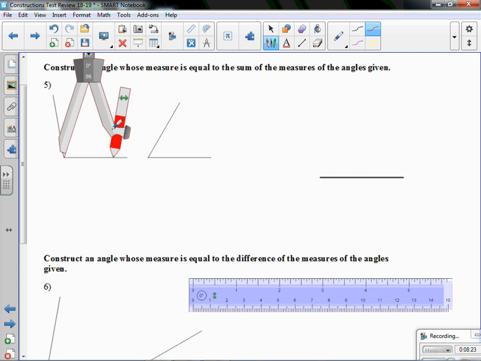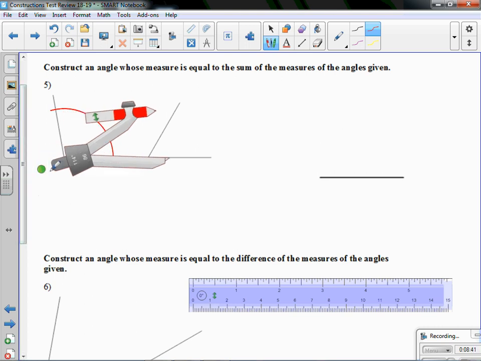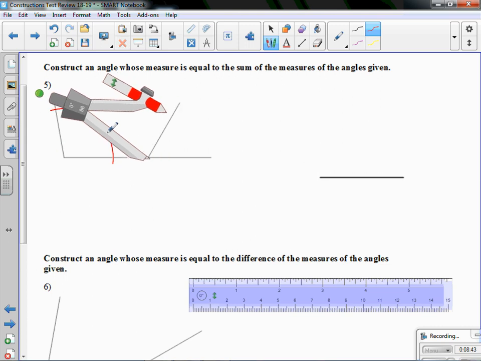So once we set our compass here, we're not going to change it. So make an arc here on that angle. Put the point on the other angle's vertex. And make an arc.